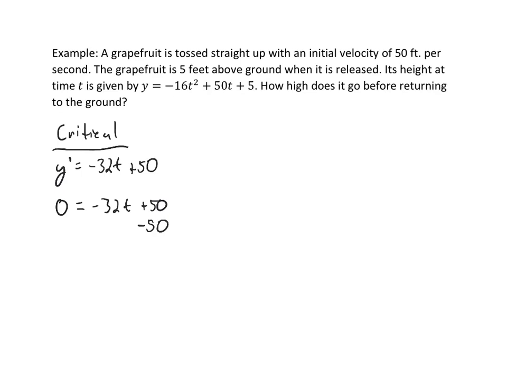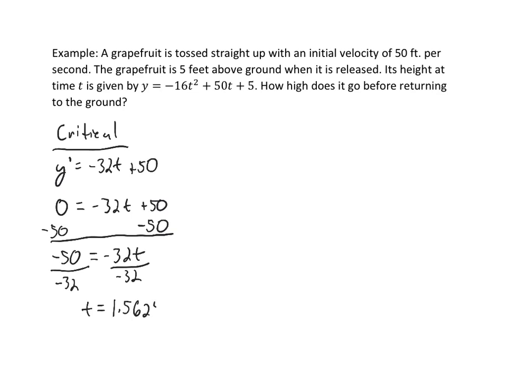If we subtract 50, negative 50 equals negative 32t, and dividing by negative 32, we get t equals 1.5625. Remember, we're talking about time, so this is time in seconds. That is the time when the grapefruit should be at its highest point, 1.5625 seconds.